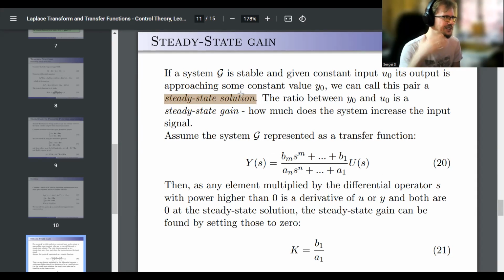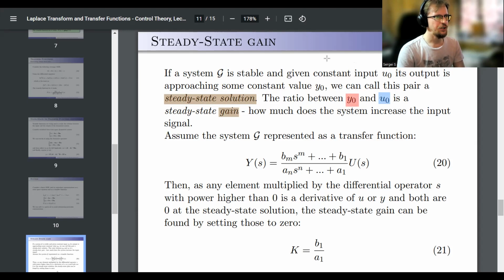Steady state means like state that kind of goes steady, so stays the same. Okay. The ratio between y0 and u0 is called steady state gain. So it is how much the system increases the signal.